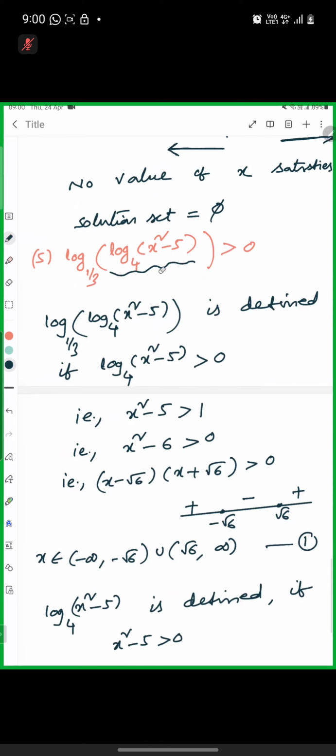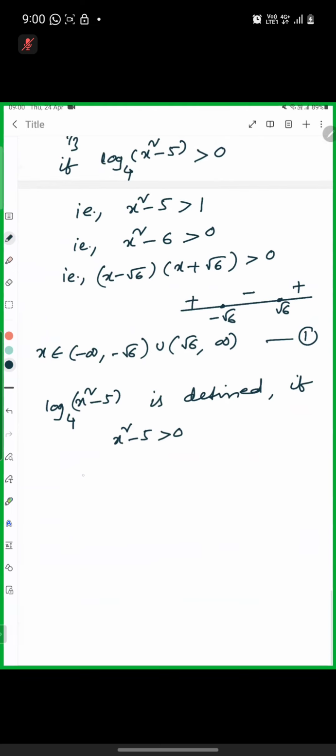For this to be defined, this must be positive, and from that we get these x values. To define this logarithmic function, this must be positive, so it can be written as x minus root 5 into x plus root 5.